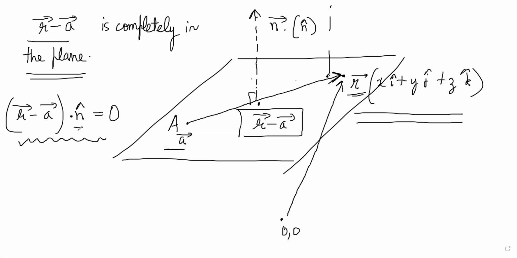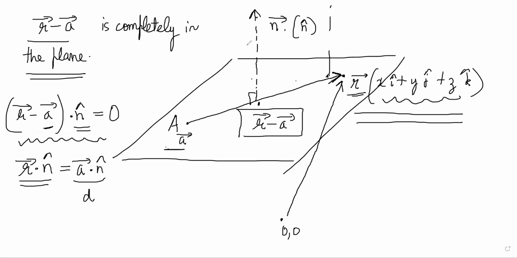So if you know the normal direction and if you know a point on the plane, then you can define the equation of the plane. Because what you'll get is r dot n cap is equal to a dot n cap. So this will become some distance because it's a scalar, and this will be r dot n, which will come in terms of x and all, right? Yes, sir.